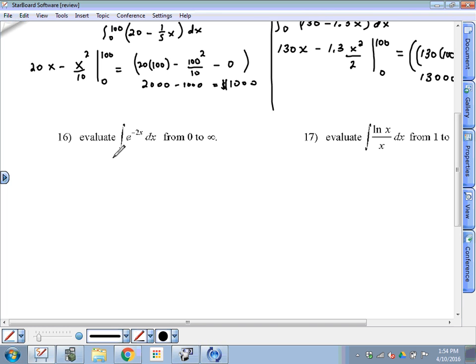So question 16 is asking to evaluate the integral of e to the negative 2x from 0 to infinity. So it's pretty much the integral from 0 to infinity of e to the negative 2x dx.